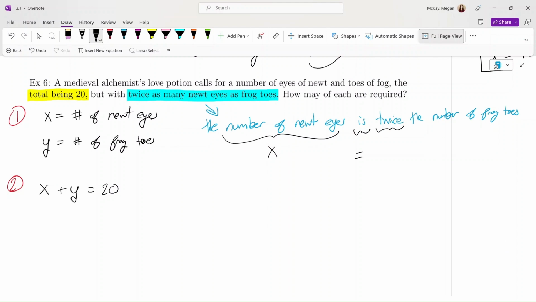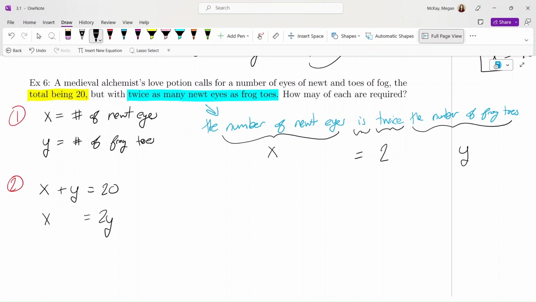Twice, so 2 times the number of frog toes. Frog toes is represented by the variable y. So let's put it all together. Our second equation is x is equal to 2y.